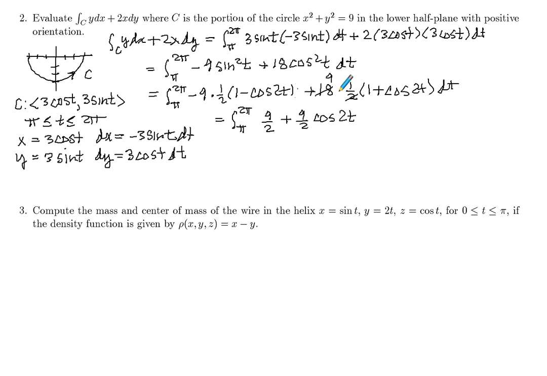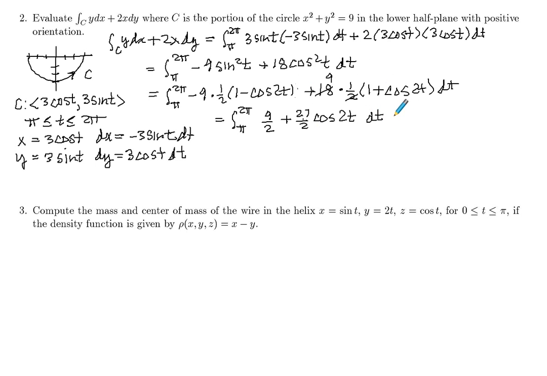And then with this multiplication, we've got an 18/2 cosine 2t. So let's put together our 18/2 cosine 2t with our 9/2 cosine 2t. 18 and 9 is 27, so we actually have 27/2 cosine 2t. We combine those like terms because we've got both cosine 2t terms.